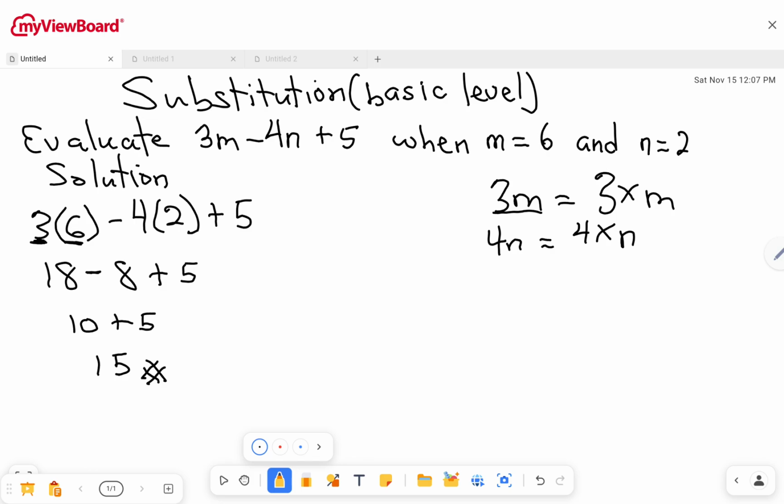And anything in parentheses with a number attached to the parentheses means it is multiplying. So what I mean is 3 and then the parentheses which contains the 6 is the same thing as 3 times 6. So note this anywhere that you see them. Now, we use all the steps to get our answer to be 15.